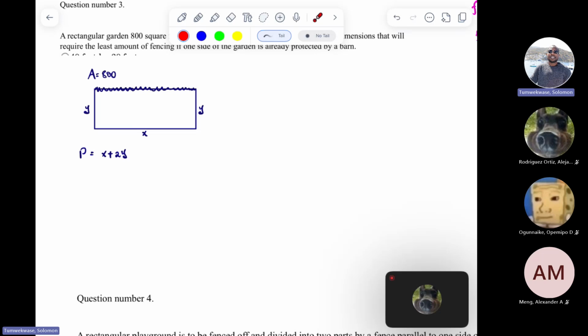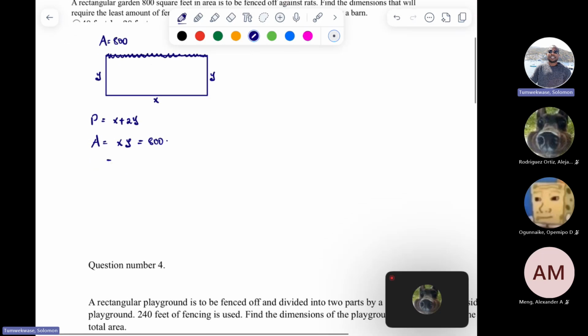Okay, so the perimeter is x plus 2y, but we are given the area of the rectangle. We know the area is length times width, and our length is x, our width is y, right? But we are given that this area is 800. So therefore, I can find y, and y will be 800 over x.